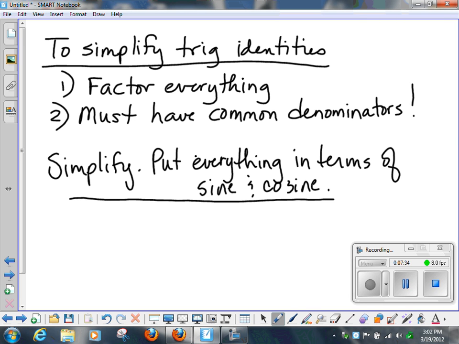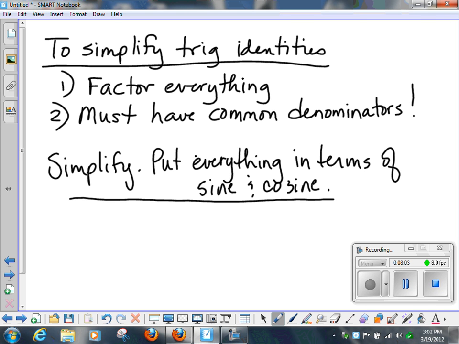Those would be your instructions. You've got to put everything in terms of sine or cosine. So that means if you see a tangent, can you have a tangent in your answer? No. We got to change the way it looks. Okay? This is like giving these trig equations facelifts. They can only have sines and cosines. We have to make them nice and pretty and compact, and you'll see.